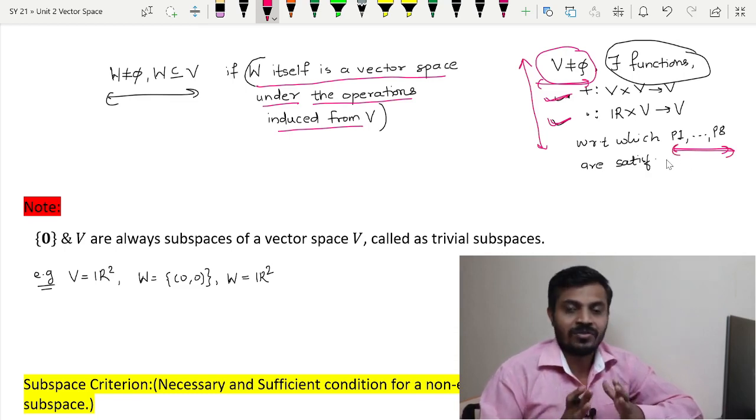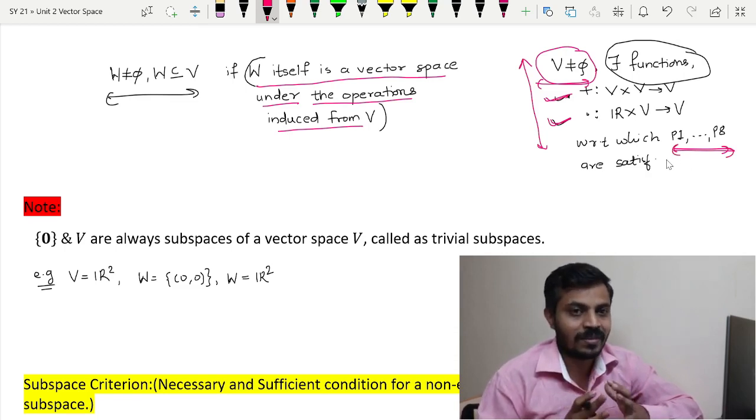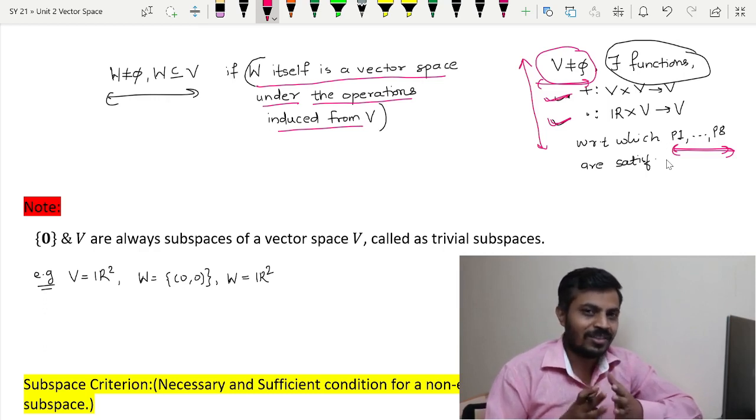So this is how we can show W is a subspace, but this is a very lengthy job, right?